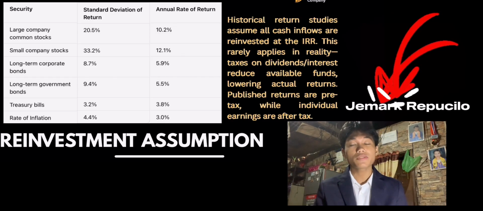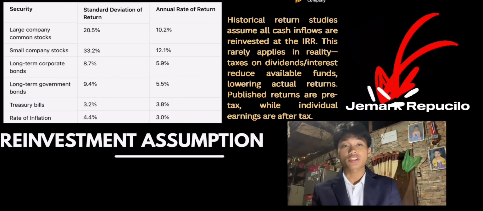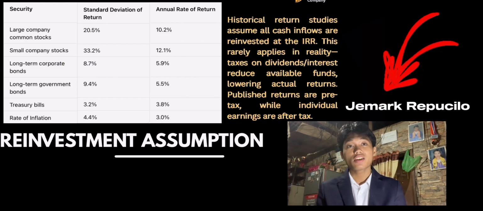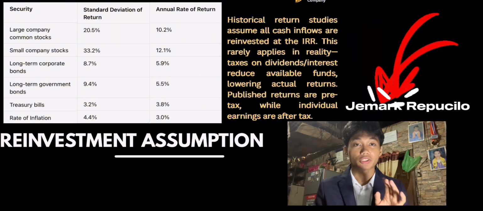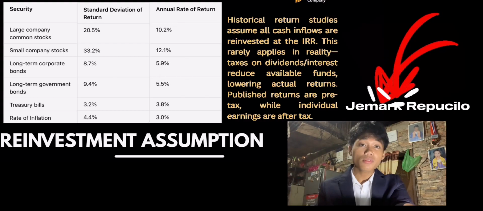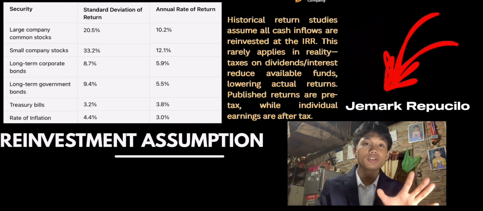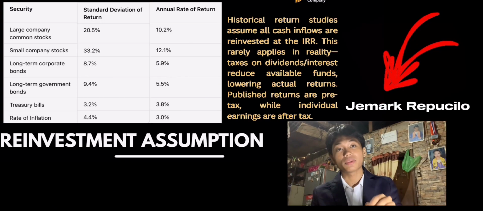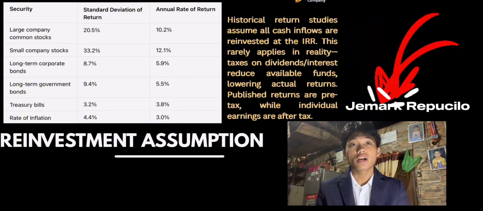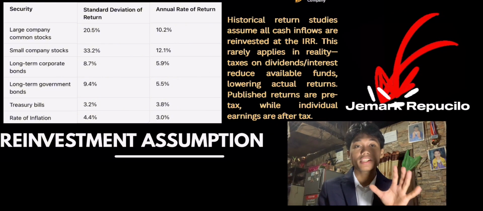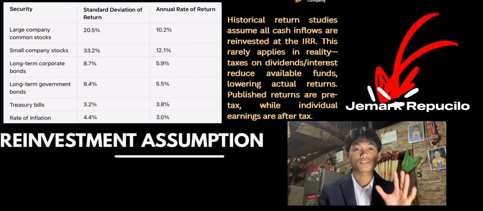The reinvestment assumption means that all earnings or cash flows received from an investment, such as dividends or interest, are assumed to be reinvested again at the same rate of return. This assumption is commonly used in historical return studies to calculate how investments grow over time. It helps show the power of compounding, where money earns additional returns continuously.